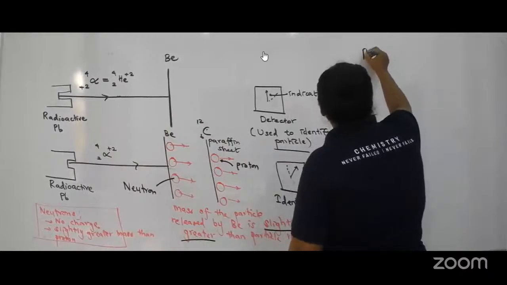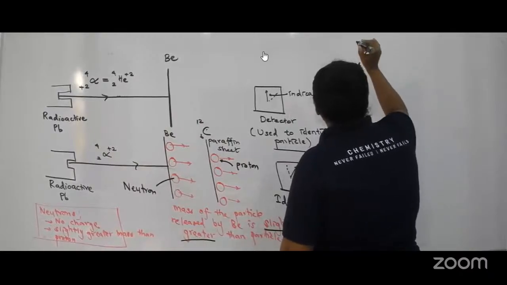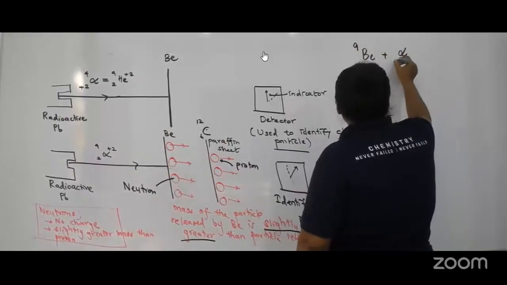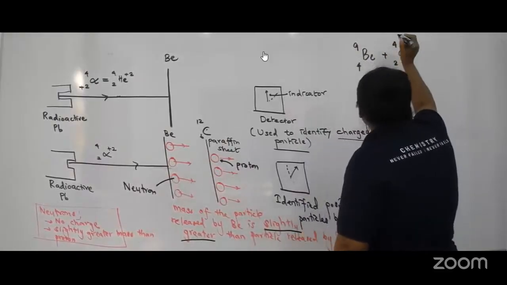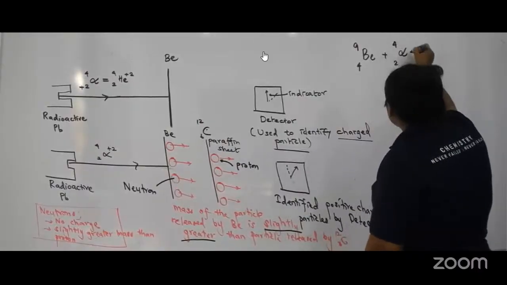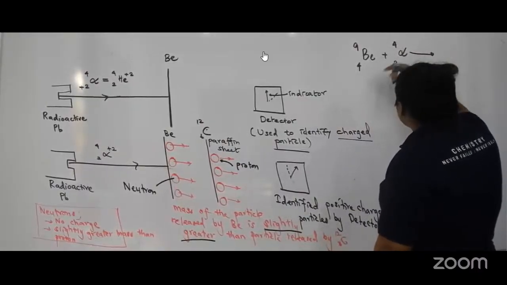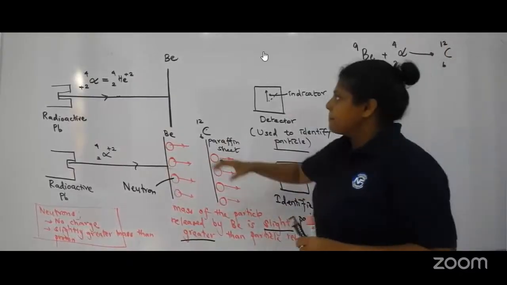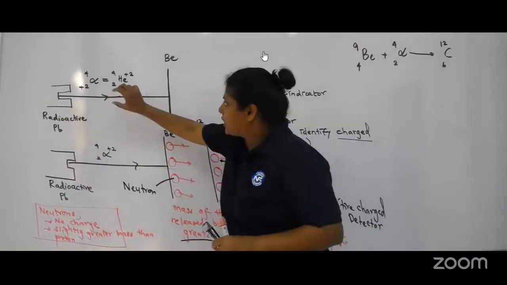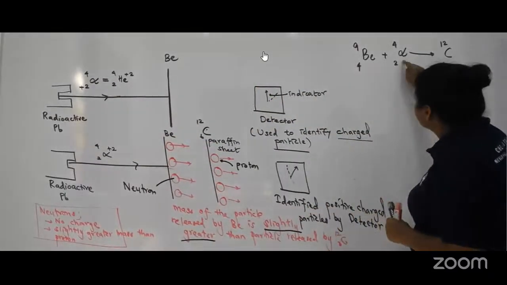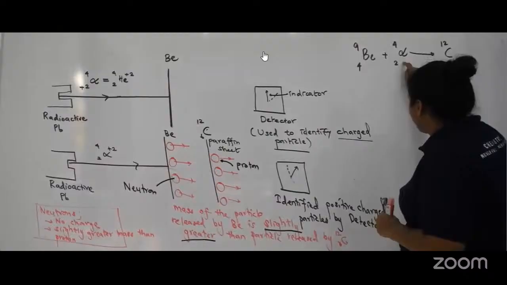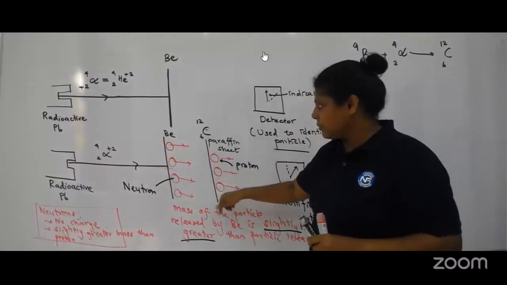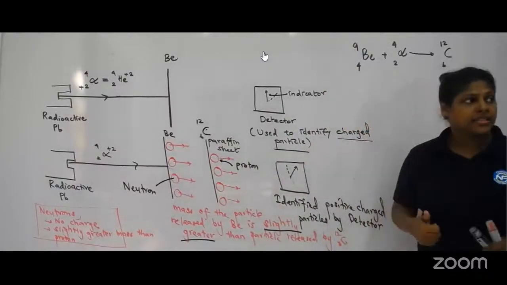The beryllium sheet, atomic number 4, mass number 9, in contact with the alpha, atomic number 2, mass number 4, can produce carbon-612. Beryllium in contact with alpha releases, produces one isotope of carbon-612 plus what, the other one?